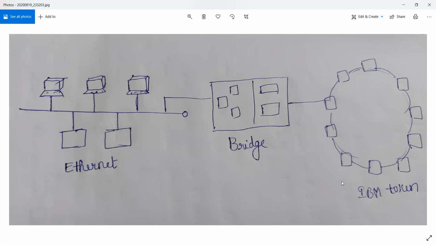Size is very small, and coming to the transmission technology, it uses wired technology. Coming to the topologies, there are three types: bus topology, ring topology, and star topology. In an institution, different types of topologies in one building are connected with machines in another building through a bridge. That bridge may be a hub, switch, or a router.